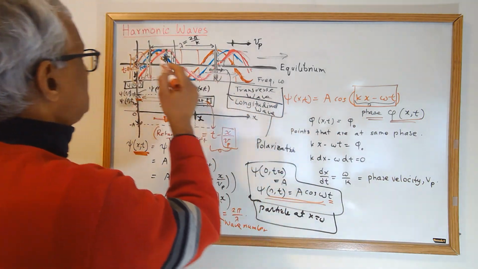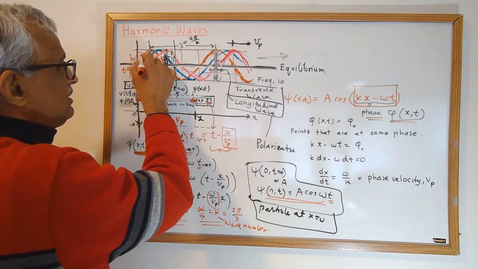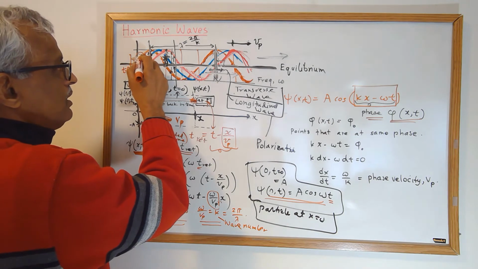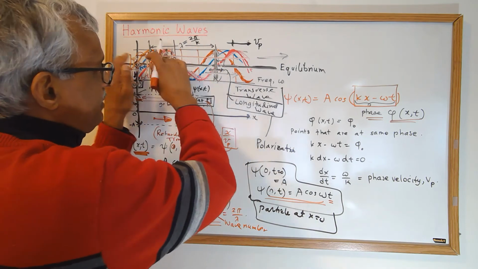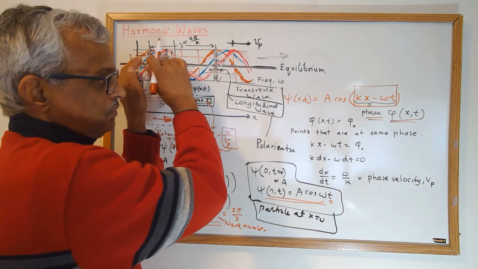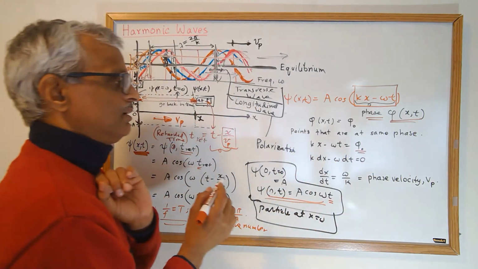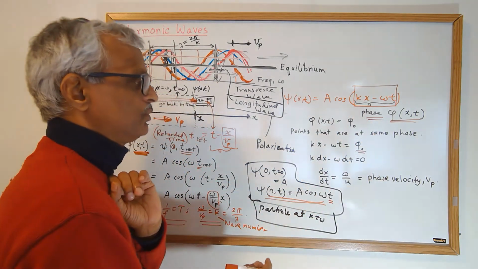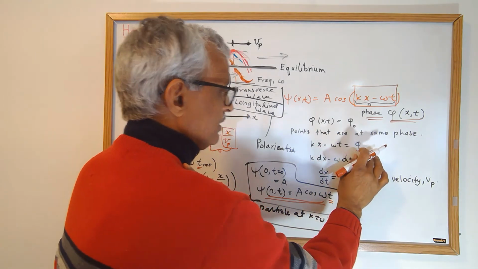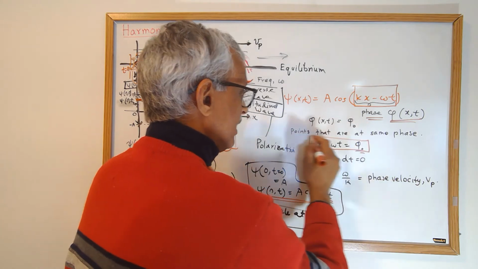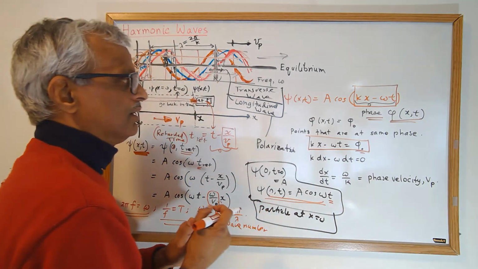So if I'm looking at a particular phase value, how fast do x and t have to change in order to hit the same phase value? I can set 0 or anything between 0 and 2 pi, and demand that this be a constant. So these are times and positions at which I'll get exactly the same phase value.